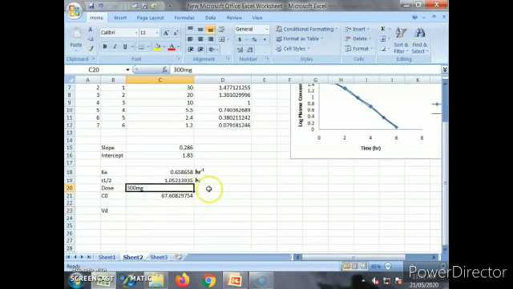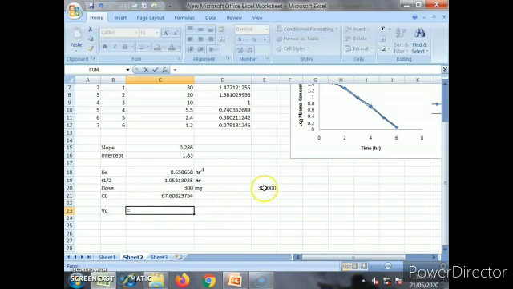So X0 is in milligram, we will convert it into microgram by multiplying by 1000. So in this way, now we'll add this value, is equal to dose divided by plasma drug concentration.